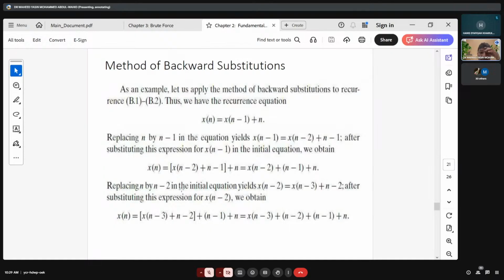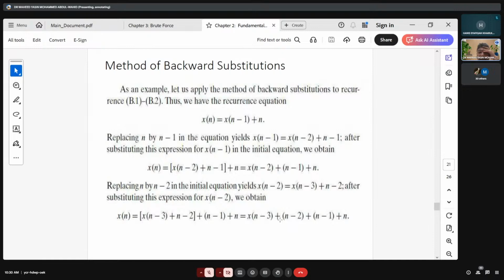Replacing n by n minus 2 in the initial equation yields xn minus 2 equals xn minus 3 plus n minus 2. After substituting this expression for xn minus 2, we obtain xn equals xn minus 3 plus n minus 2 plus n minus 1 plus n.